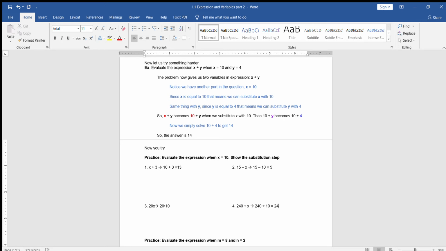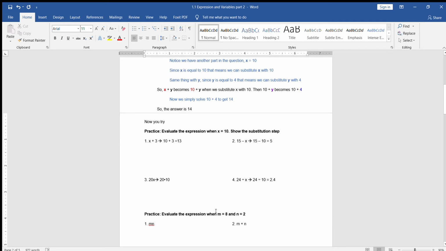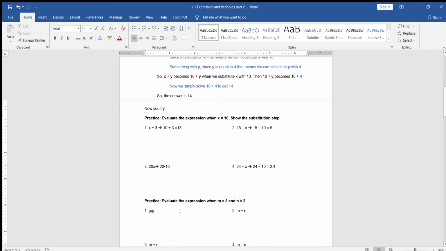I think in your book it's 24 divided by x, so it's actually 24 divided by 10, and that will give you a decimal of 2.4. Now you practice this on your own.